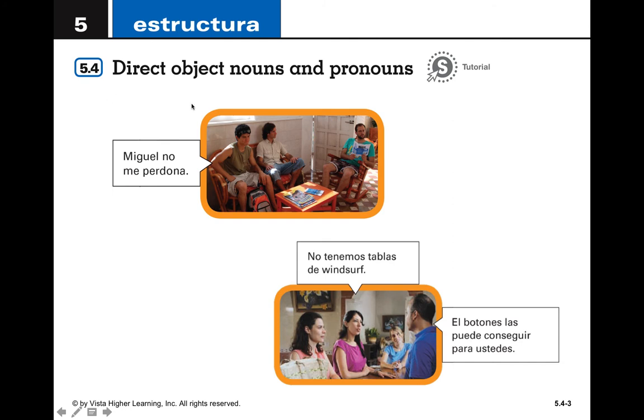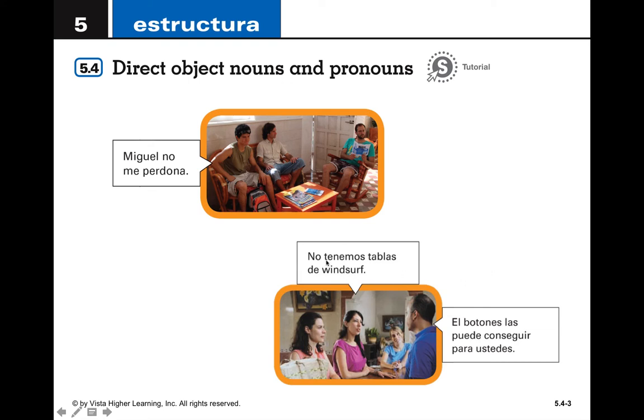So here we are with some examples of direct object nouns and pronouns. So it says, Miguel no me perdona, no tenemos tablas de windsurf, el botones las puede conseguir para ustedes. Now here we see an example, las, of a direct object pronoun. And las is referring back to tablas de windsurf.